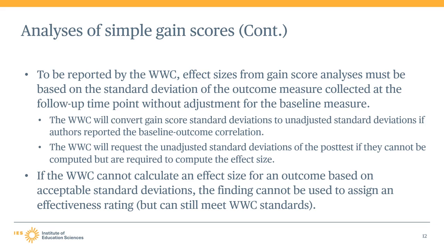Finally, if the WWC cannot calculate an effect size for an outcome based on acceptable standard deviations, then the finding cannot be used to assign an intervention effectiveness rating to the intervention in that outcome domain. But the finding can still meet WWC standards. Those interested in the technical details of these conversions and calculations should see Appendix E in the handbook.